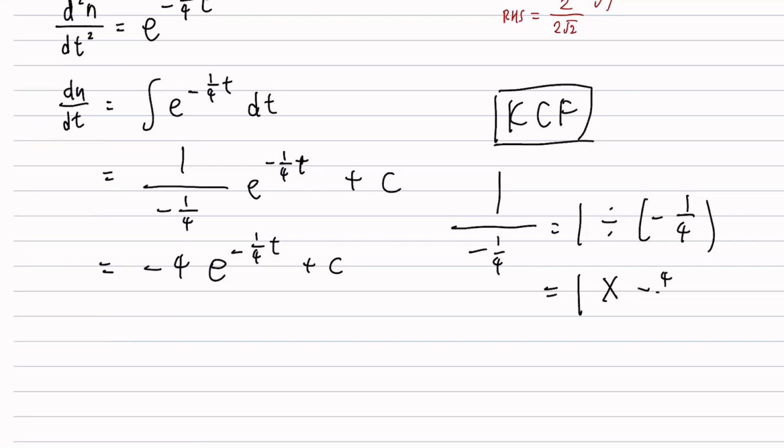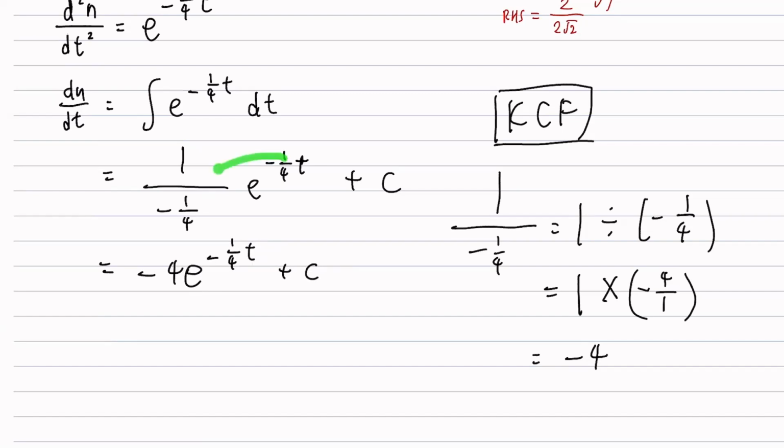So you get -4/1. Oh, -4. I think I integrated wrongly in one of the questions. Okay, later I can check. I thought it's just copy the -1/4 as the new coefficient. No, it's always 1 over.